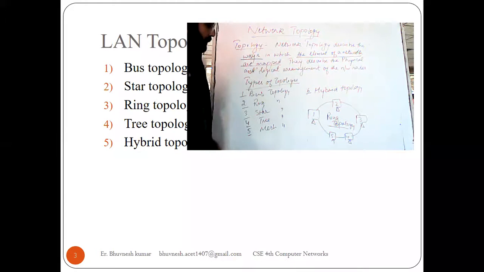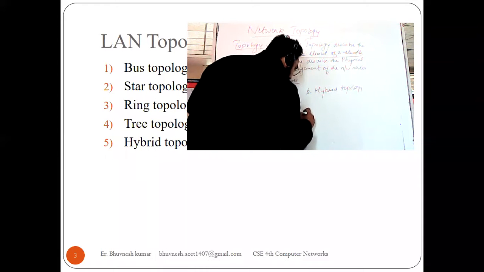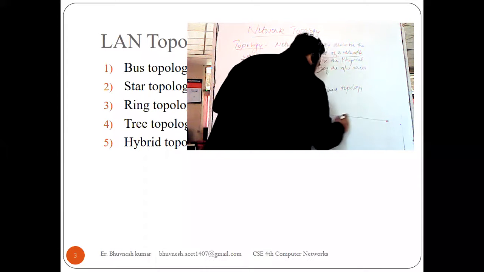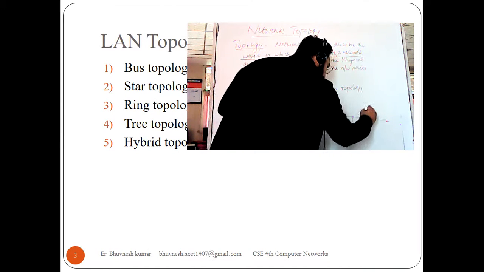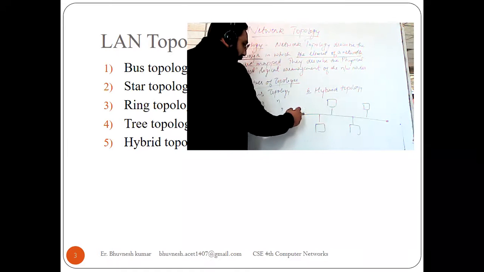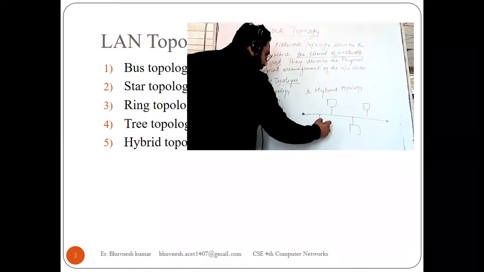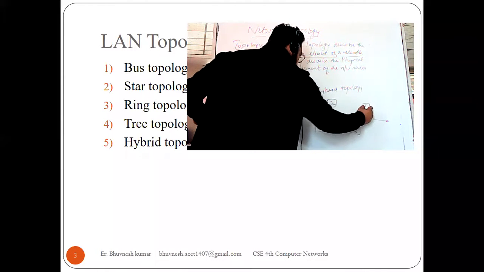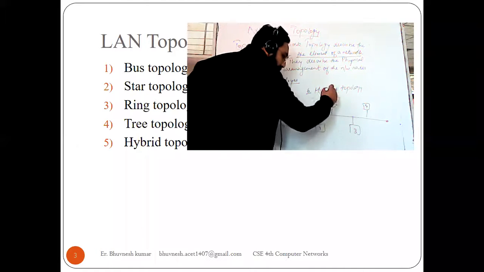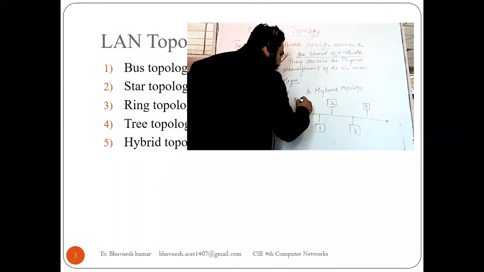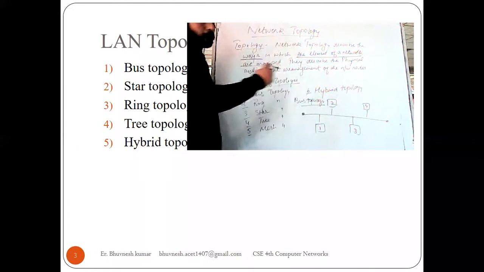In the same manner, if I create a bus-like structure, and say this is a cable, and further these systems, PC1, PC2, PC3, PC4, are connected with a single line, then this connection, or this network, will be your bus topology.